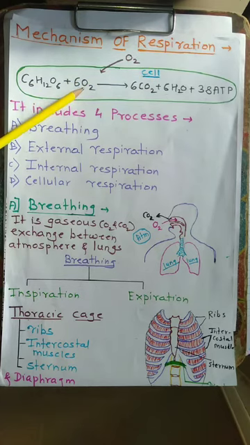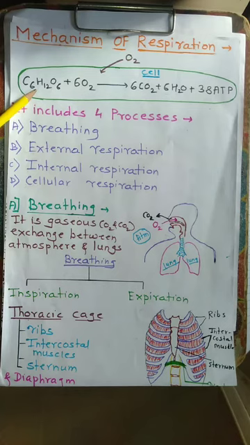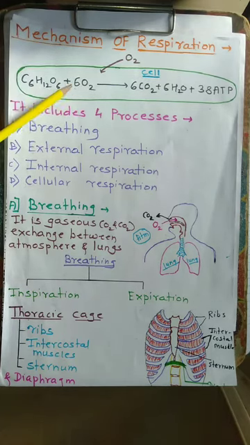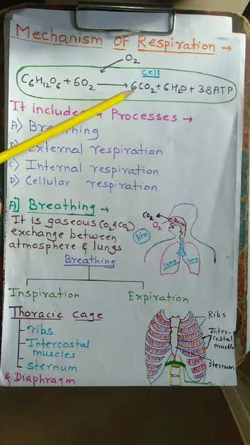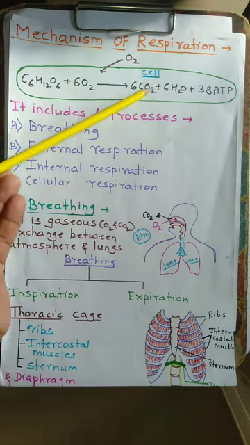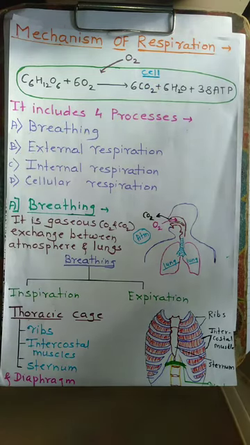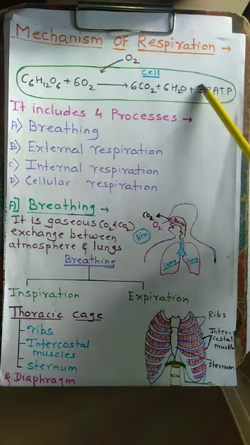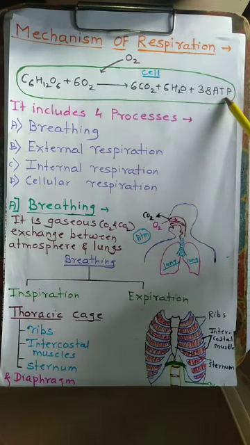Inside the body cell, this oxygen combines with organic compound, meaning oxygen oxidizes organic compound. After the oxidation, carbon dioxide and water vapor are formed as byproducts. During this process, energy is released. This released energy gets stored in the form of ATP, adenosine triphosphate.